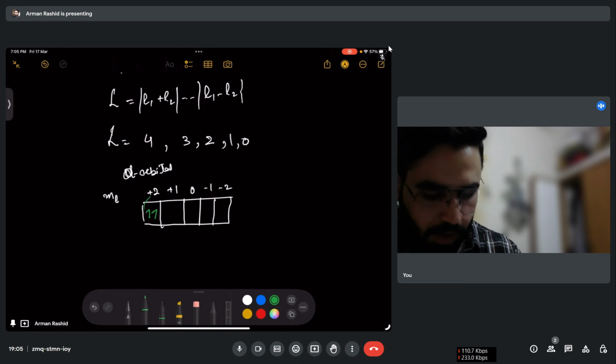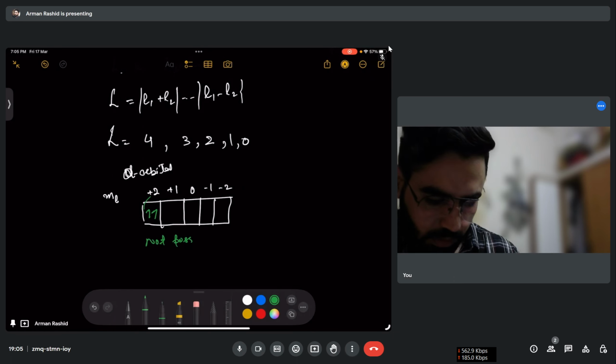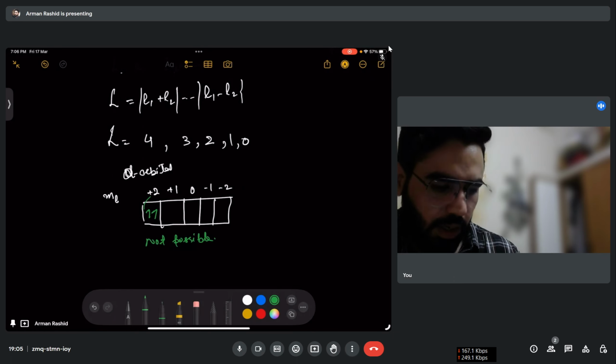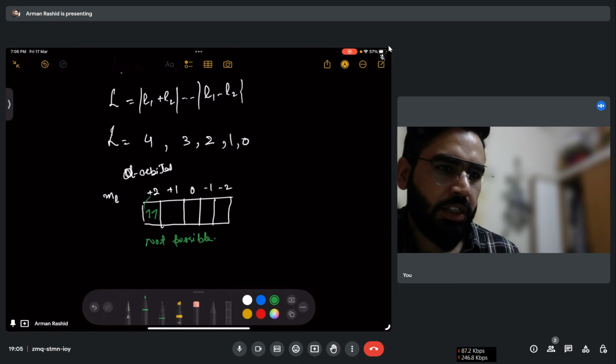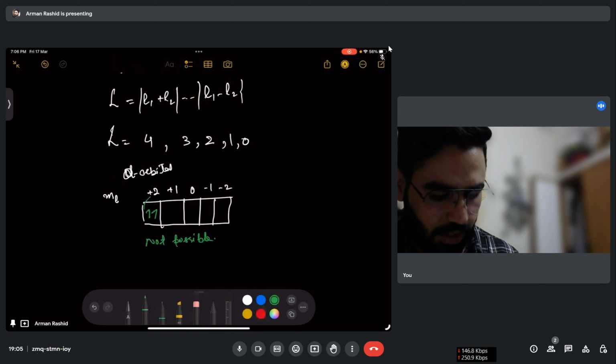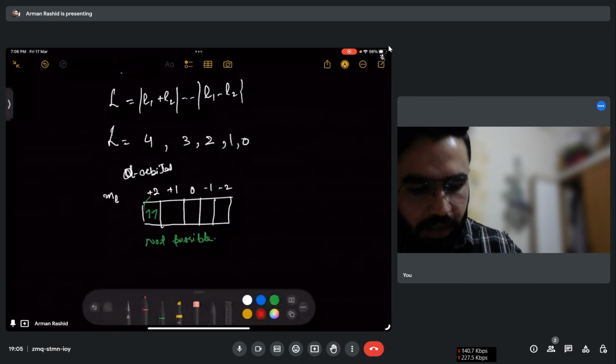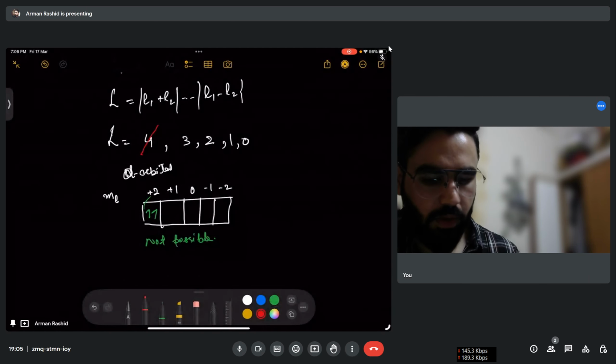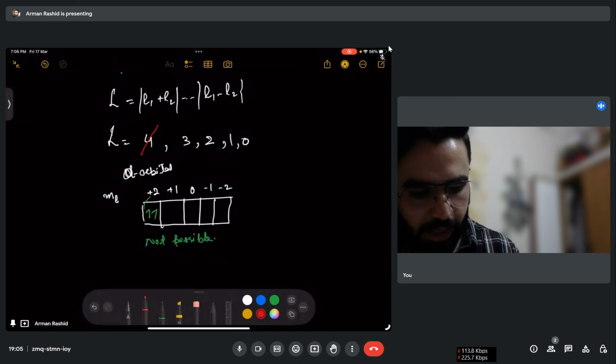Then only the total momentum will be 4, but that is not possible because two electrons cannot have the same four quantum numbers, so this configuration is not possible. As a result, this 4 is not possible. Then we'll make the 3.